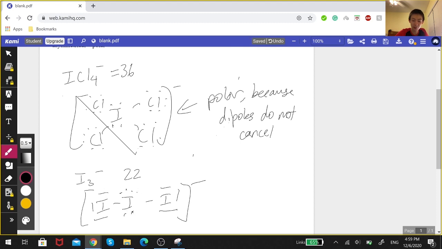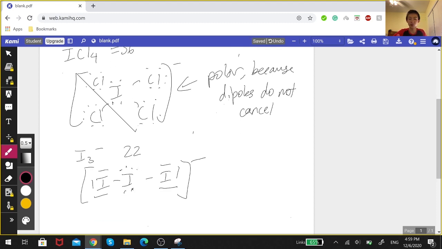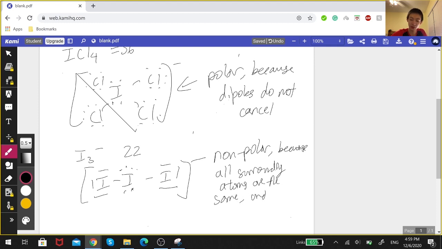When you see something like this, it means dipoles cancel each other out, and this one will be nonpolar. Why? Because all surrounding atoms are the same and dipoles cancel.